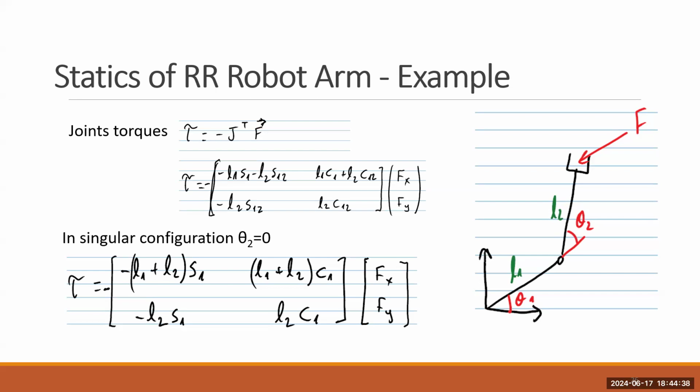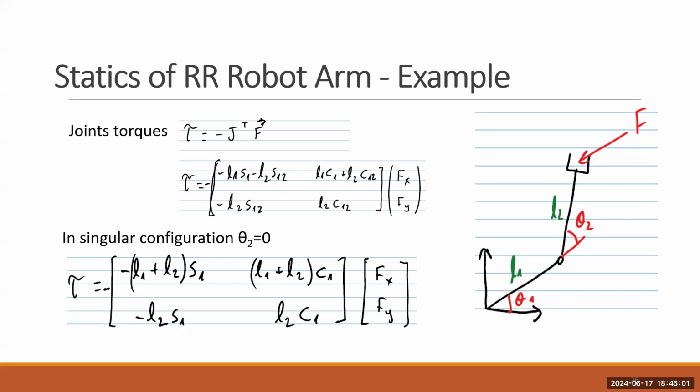So in singular configuration, when theta 2 is 0 or 180 degrees, this Jacobian is reduced to this because theta 2 is 0. So it's reduced to this.